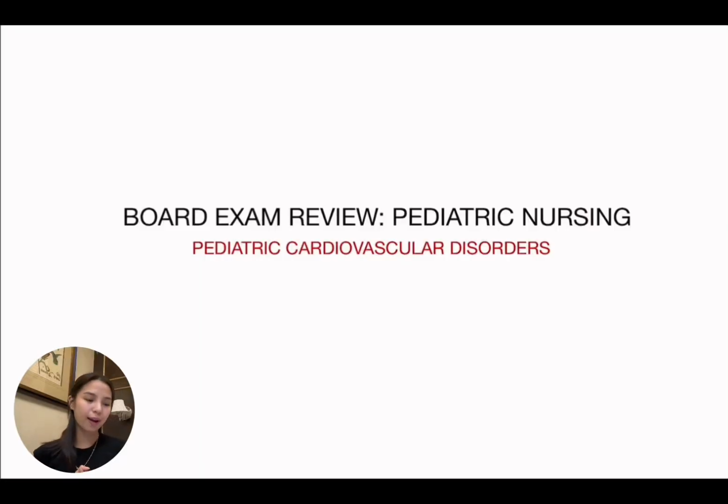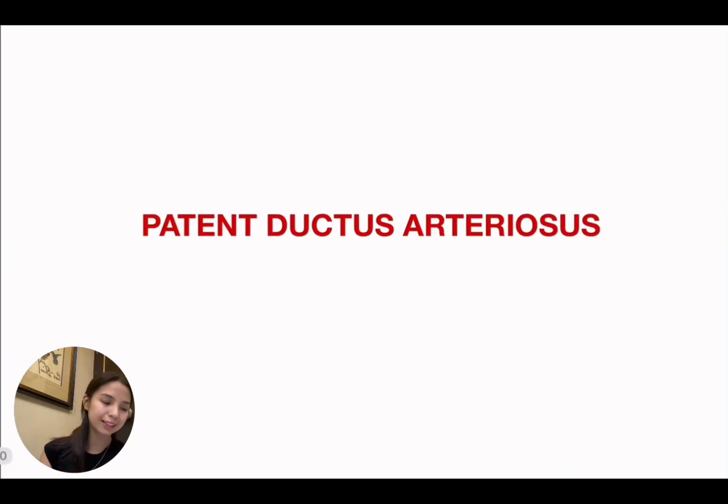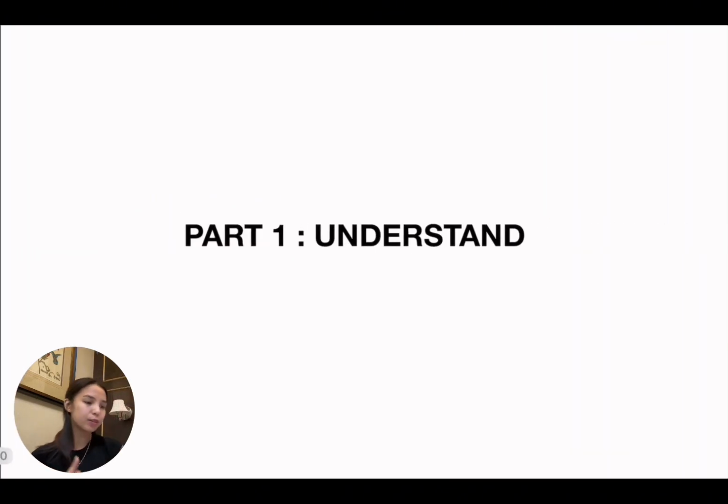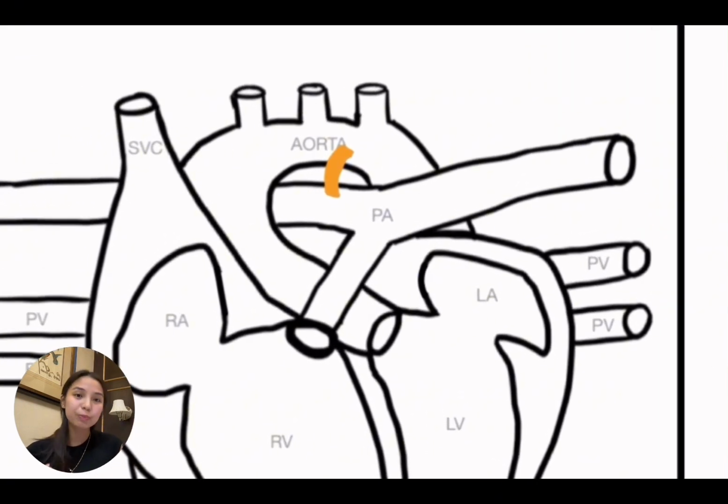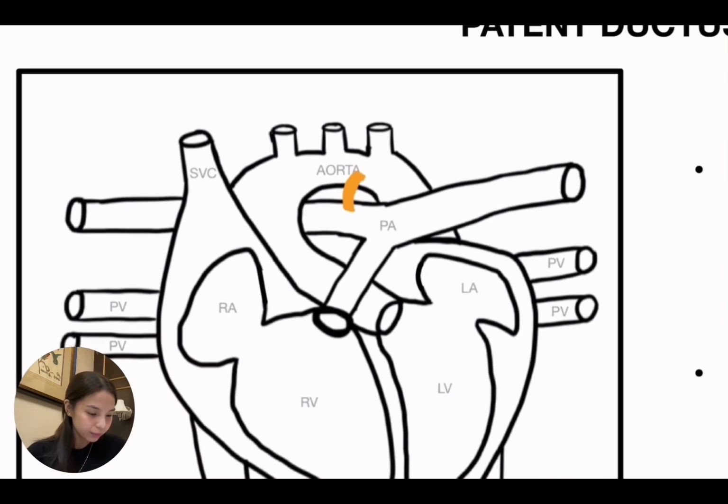Let's move on to our cardiovascular disorders, particularly our patent ductus arteriosus. All right, hopefully you guys have watched our normals video because I explained there the ductus arteriosus. But in case that you haven't, I will explain it for you right now.